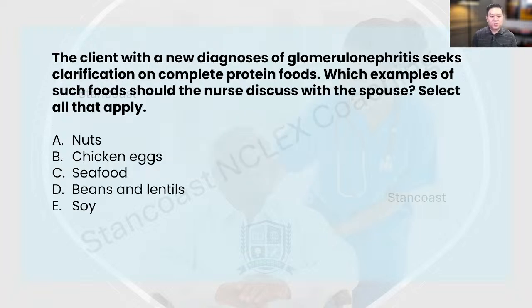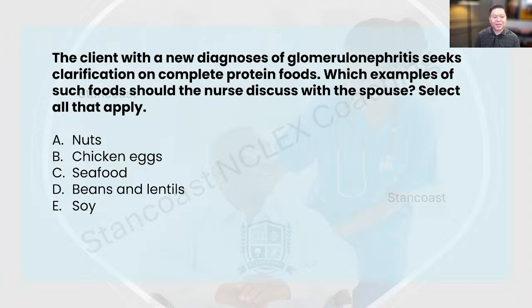The client with a new diagnosis of glomerulonephritis seeks clarification on complete protein foods. Which examples of such foods should the nurse discuss with the client or the spouse? Select all that apply. What are those food items?